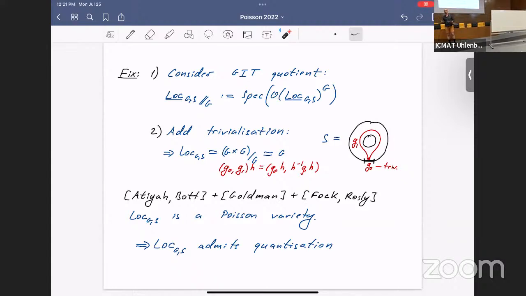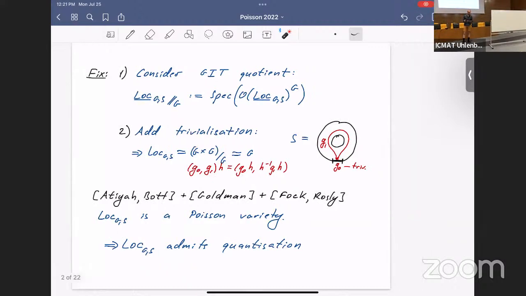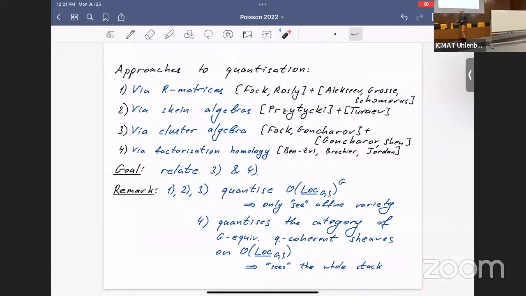And there were different approaches to this quantization. So let's maybe briefly remind what they are. So the first one is via ARM HSS, and these are due to Fock-Rosly, the classical description, and due to Alekseev, Grosse, and Schomerus, the quantum description.